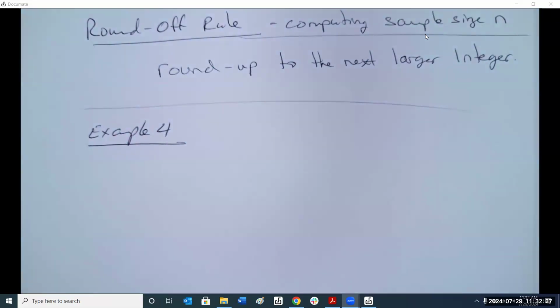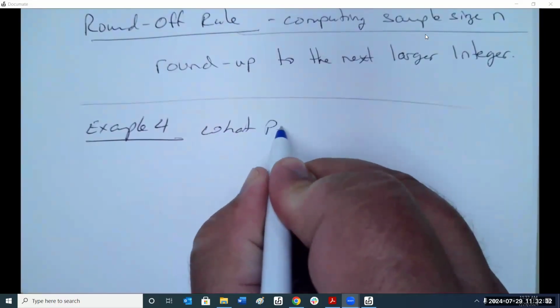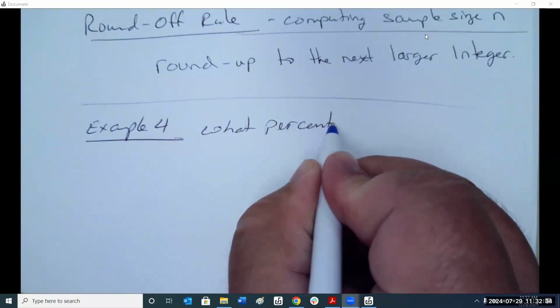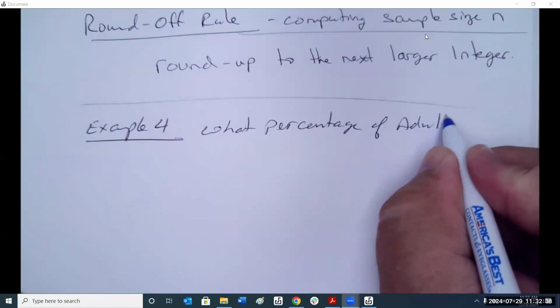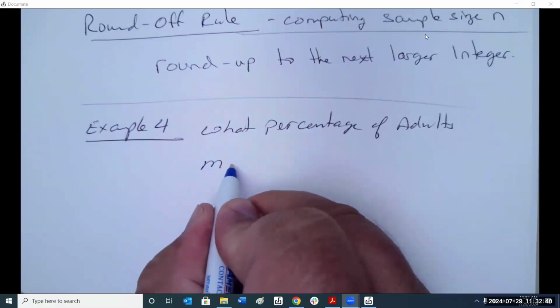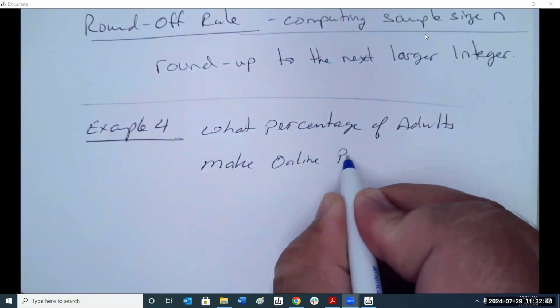Example 4. What percentage of adults make online purchases?